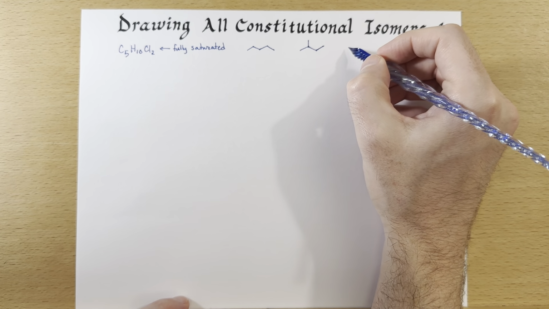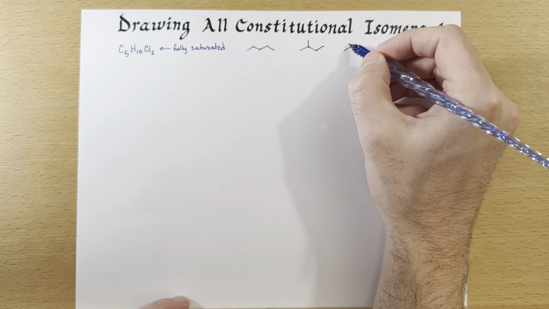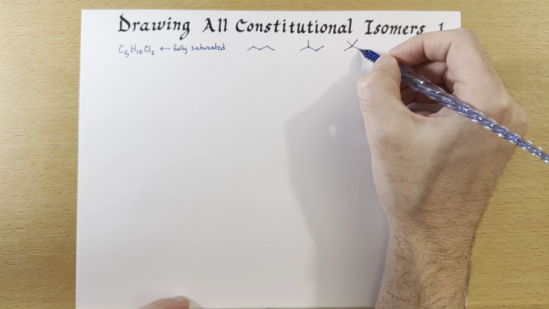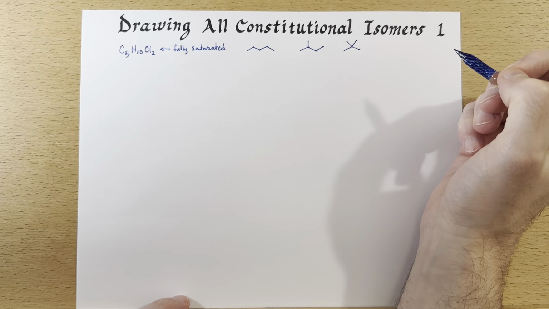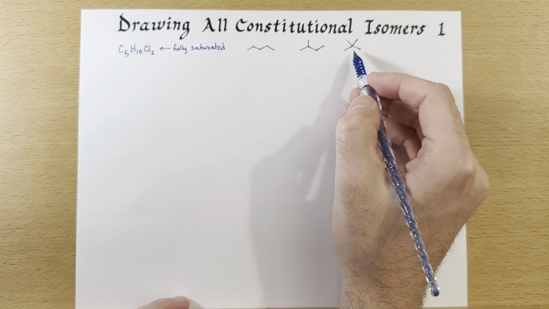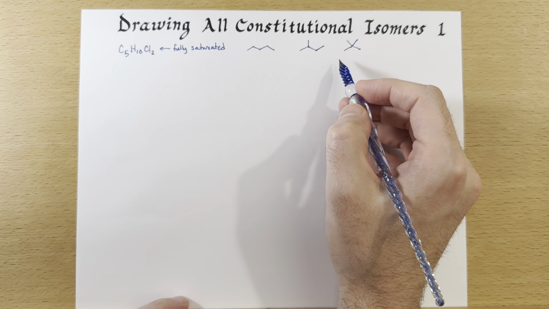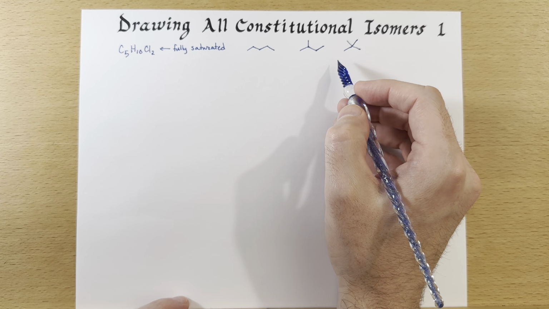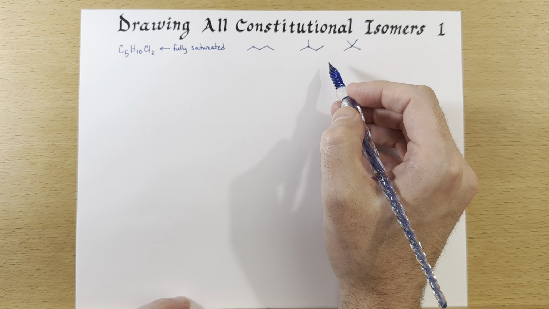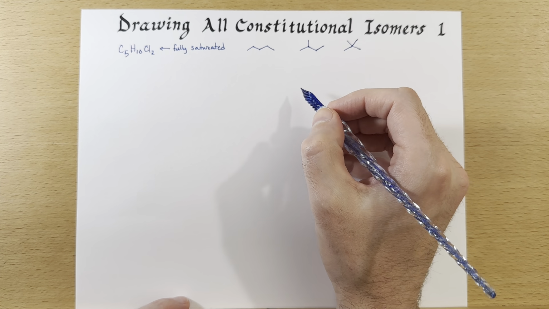And then the last way that we can draw this is the neopentane with 2 methyl groups. And these are all the possible isomers of C5H12.